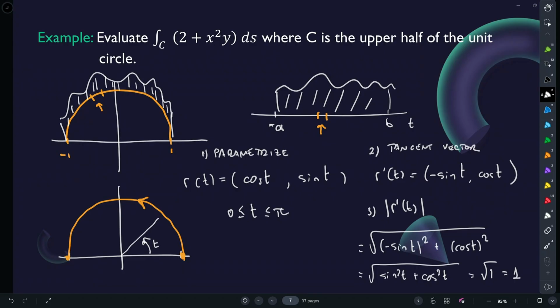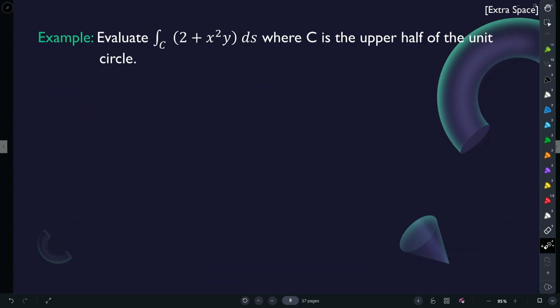So I can just switch my integral in s to just an integral in t from 0 to pi. Okay? So now I can just integrate. I'm going to integrate over that path the function 2 plus x squared y ds.